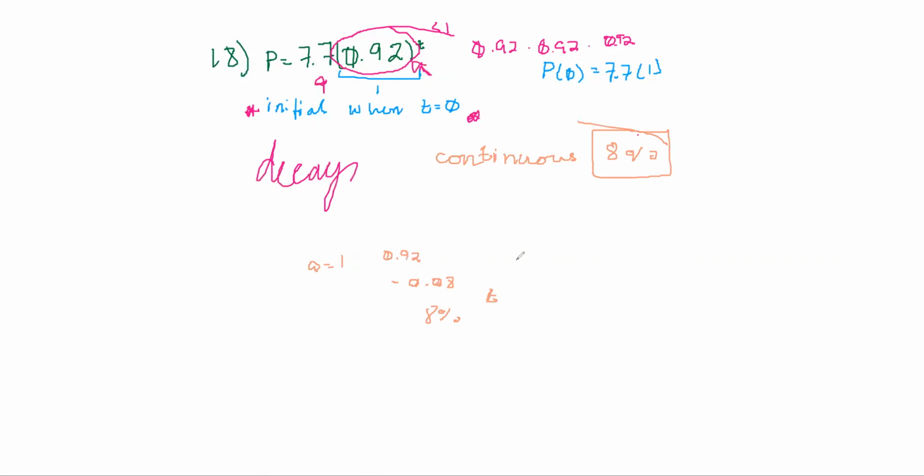We're losing more, yep, from 100%. So if you just relate this to percentages, that's how I start to think about these kinds of problems. Okay. I think we're done with 18.